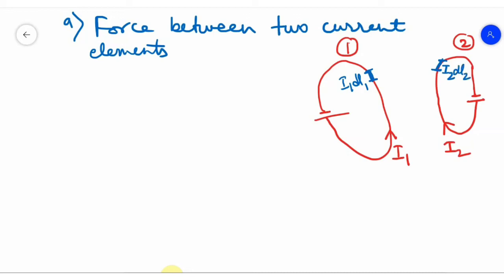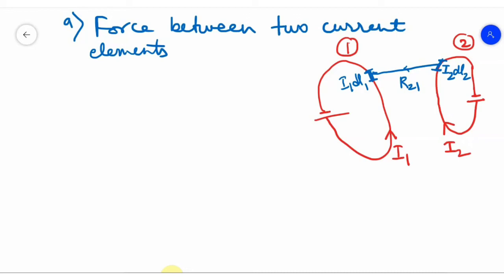And we join these two current elements, and let's say the vector joining these two current elements of the two conductors is R21, and from this side it is R12, okay. So now let us consider the force between the two elements I1 dl1 and I2 dl2.